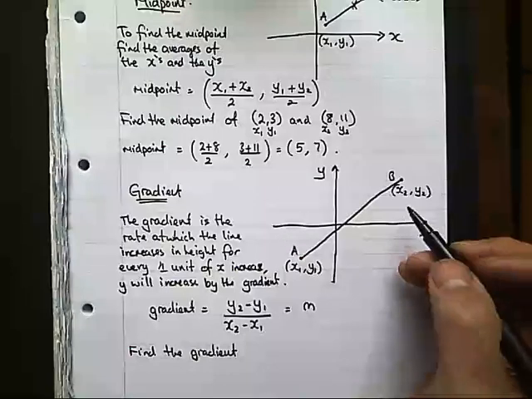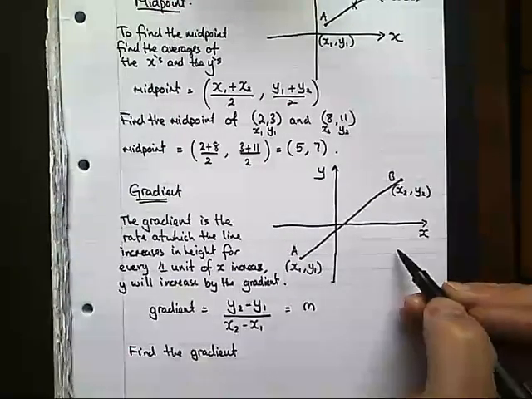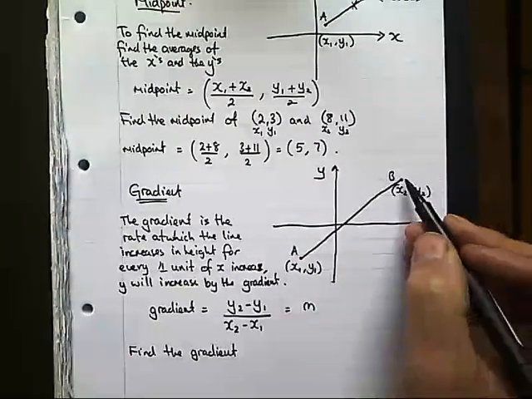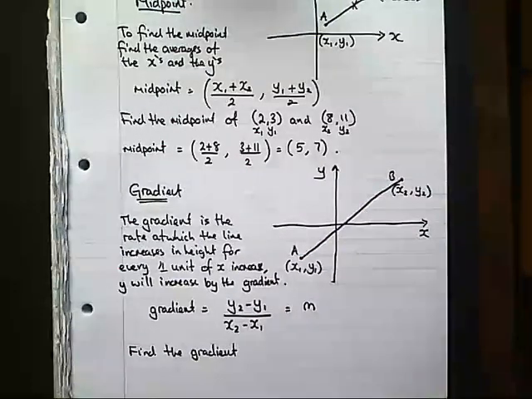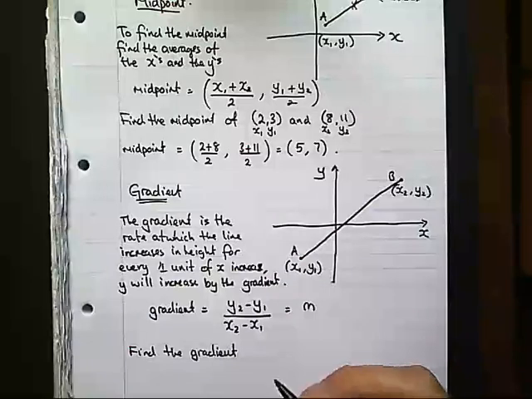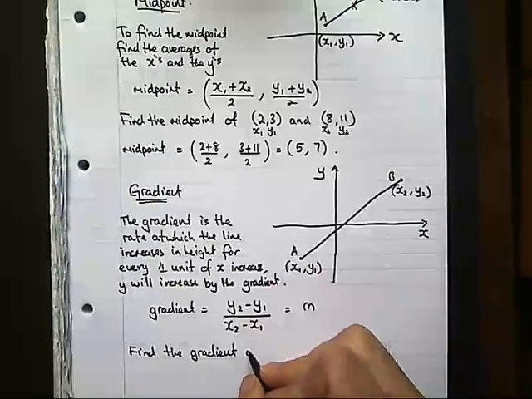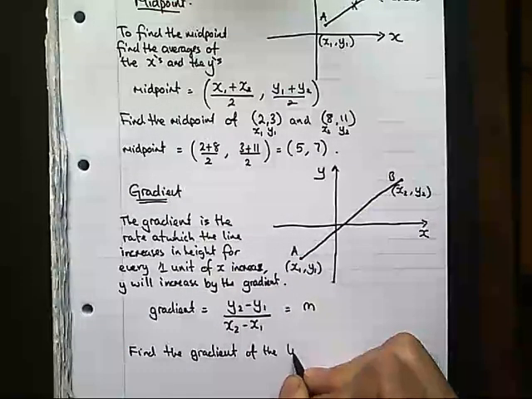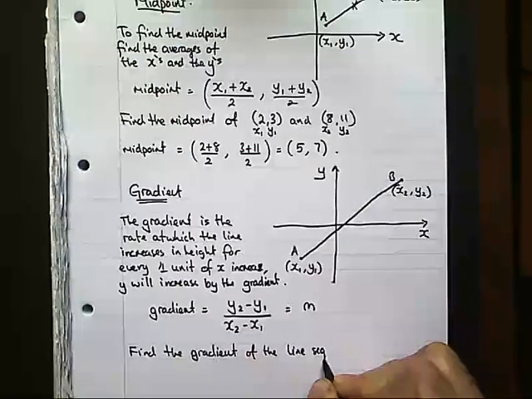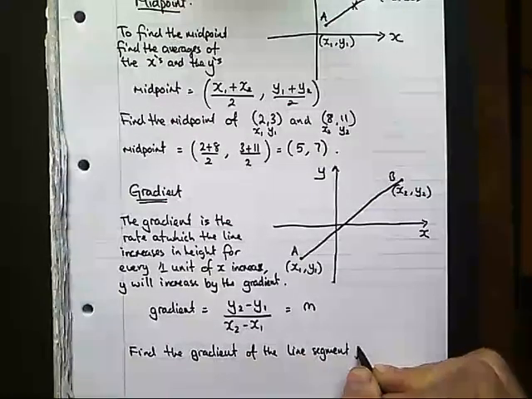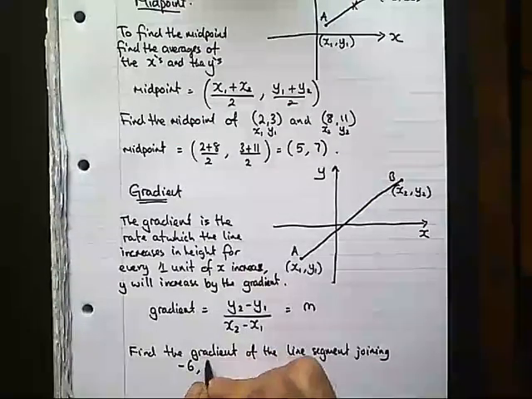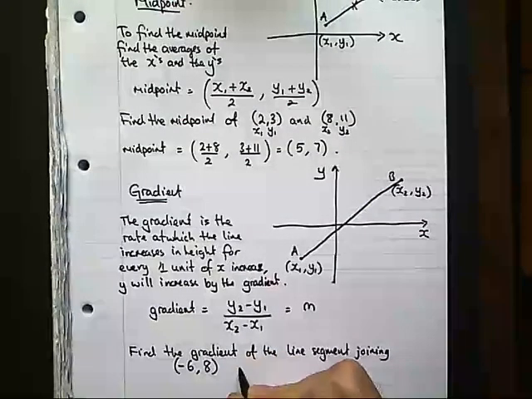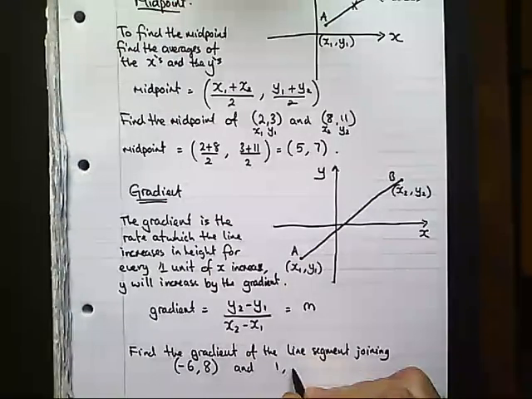The way you would find the gradient of a continuous line is you would just pick 2 points on that line, and they're your 2 points, A and B. So find the gradient of the line segment joining (-6, 8) and (1, -6).